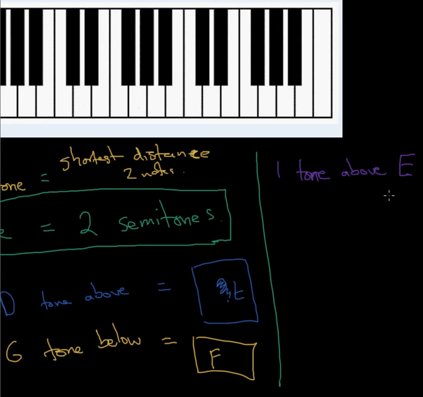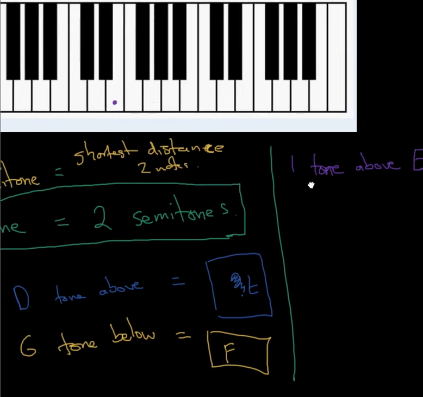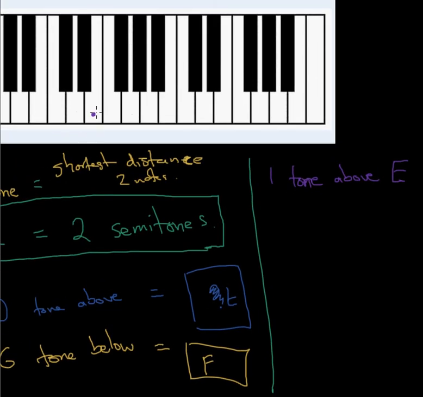If you said F sharp, you're exactly right. Let's work out why. Here is our E. One tone is 2 semitones. So let's count up 2 semitones. There is our first semitone. There is our second semitone.